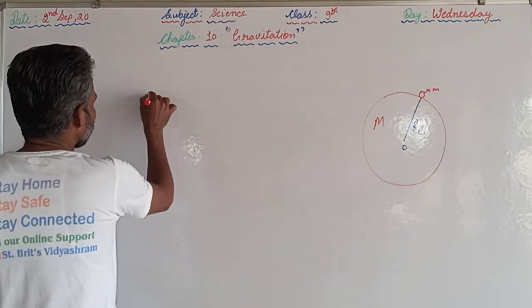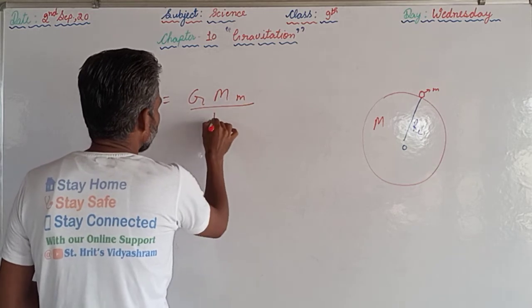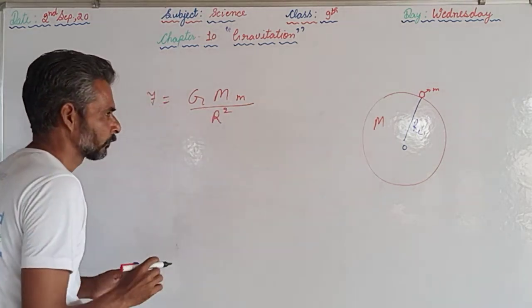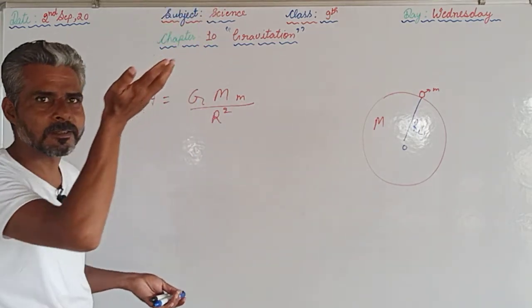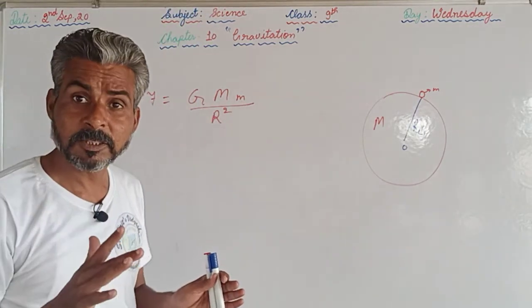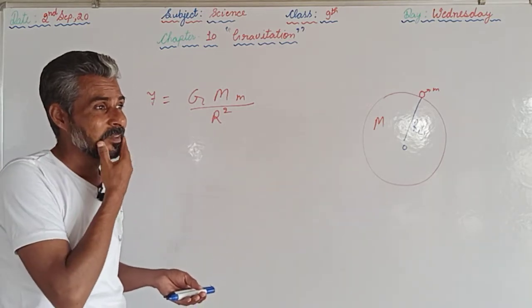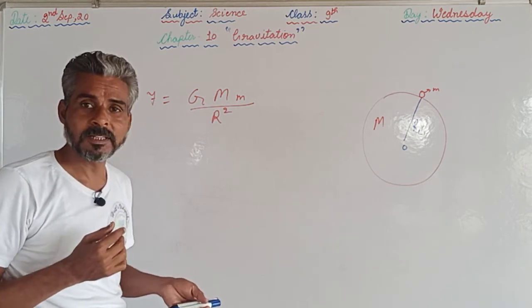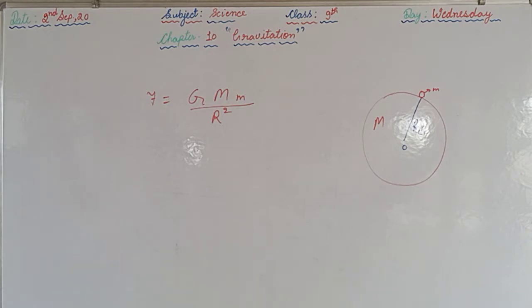So that will be F equals G M upon R square, because if any object is, say, 10 meters above the earth, even the 10 meters is negligible as compared to the radius of the earth, which is roughly 6.4 into 10 raised to power 6 meters.